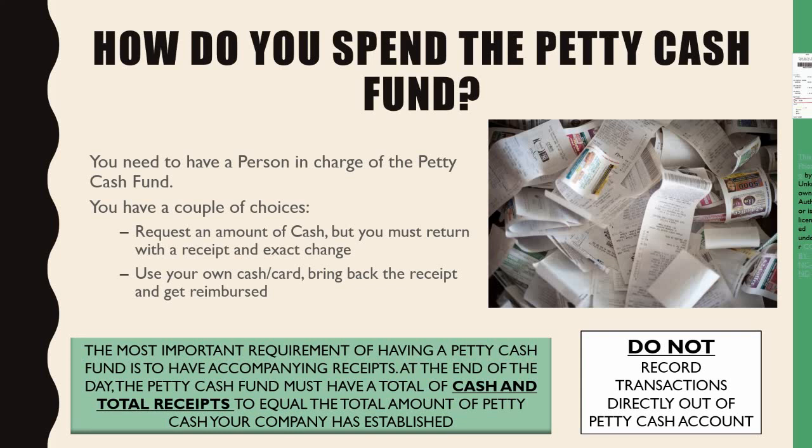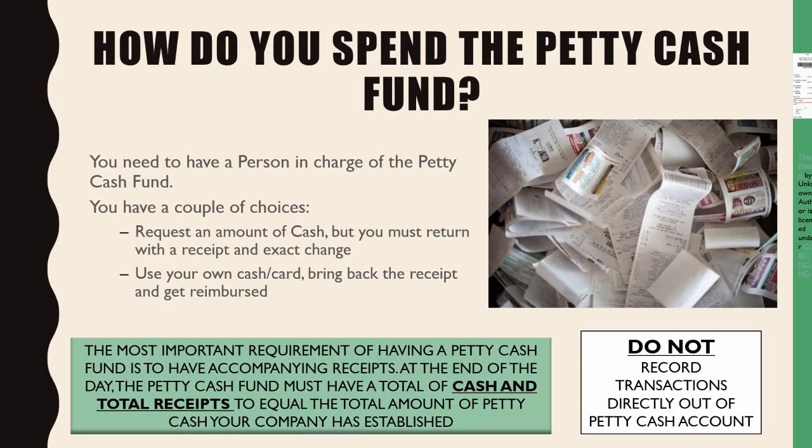And so at the end of the day, as you keep spending and spending, the money in your lockbox starts to disappear, but it becomes full with receipts, okay? Now, that's what you're supposed to do with the petty cash fund.